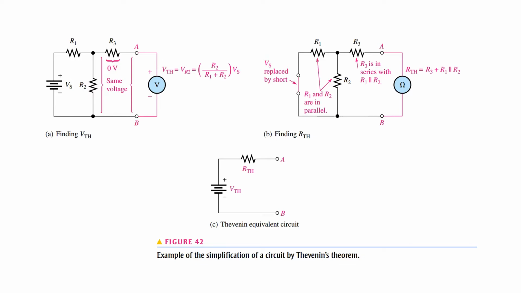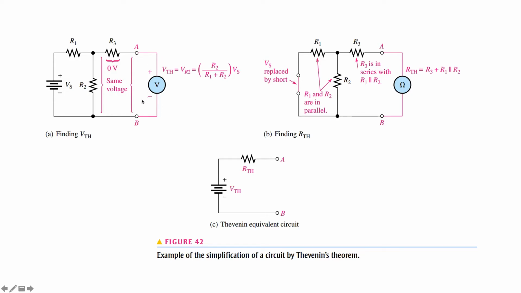To find the Thevenin voltage, Thevenin's theorem states that the circuit must be open and that the load resistance is removed, such as shown. So what we're actually trying to solve for here is the voltage across these two points A and B in the figure, which is essentially what an ideal voltmeter sees.